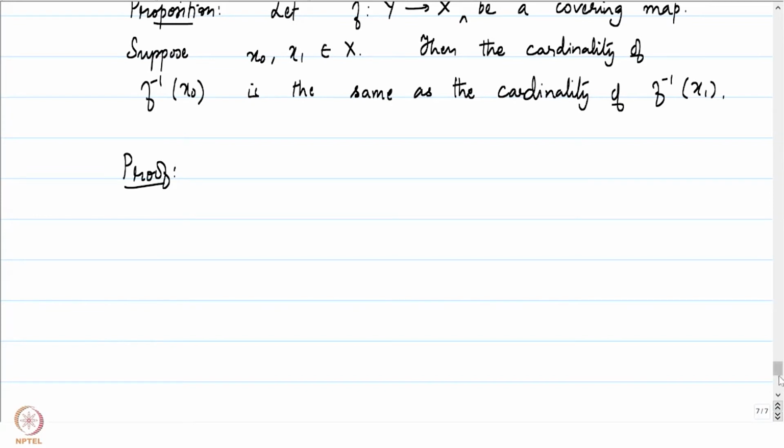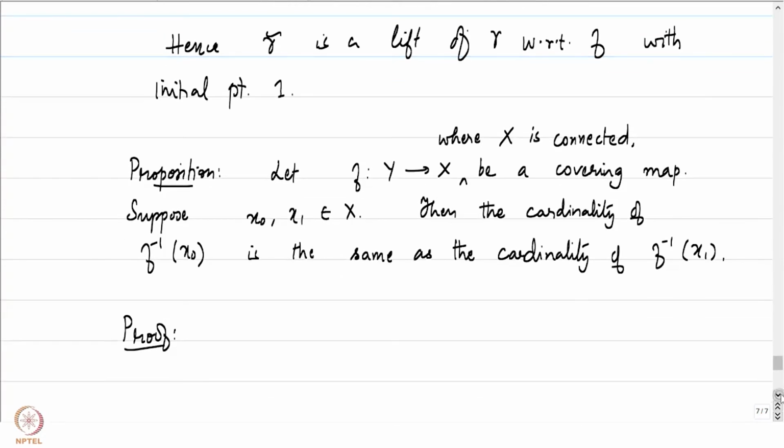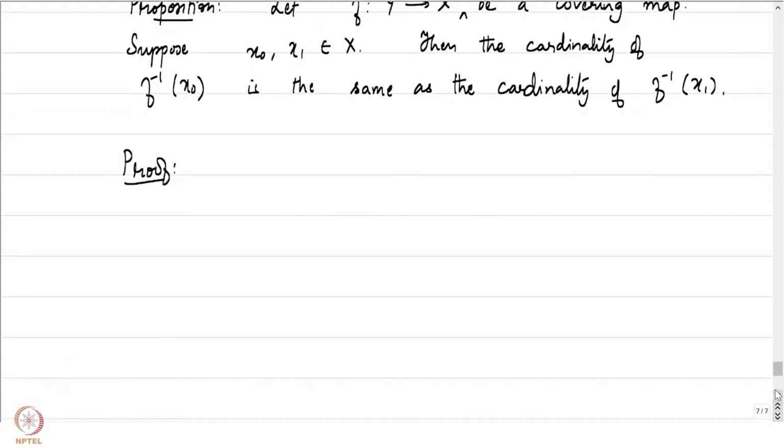In fact, this is all in C, so connectedness was enough. We didn't have to impose this extra condition of path. We just need x to be connected because it's an open connected subset. So y and x are open connected subsets of C, and therefore this is going to be path connected as well. Now the point is that since x is connected, there exists a path gamma from x0 to x1.